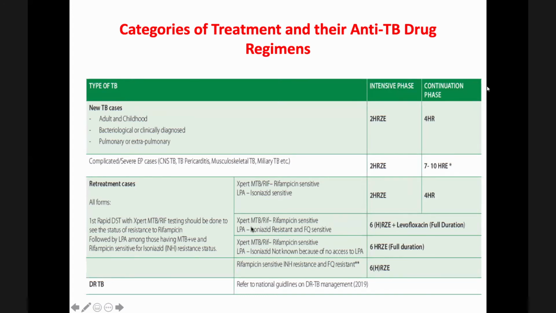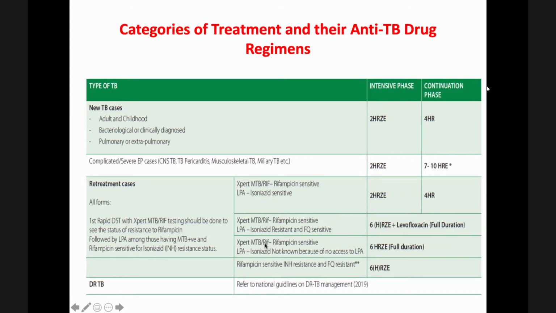While for Xpert MTB rifampicin sensitive and LPA isoniazid resistance and fluoroquinolone sensitive, then you are going to use 6 months of RZE plus levofloxacin, full duration. So you are going to stop the isoniazid.